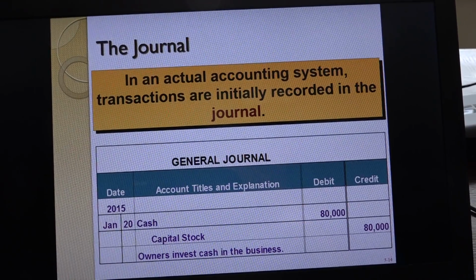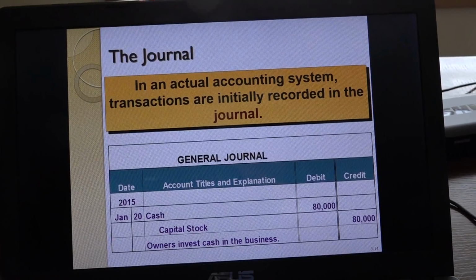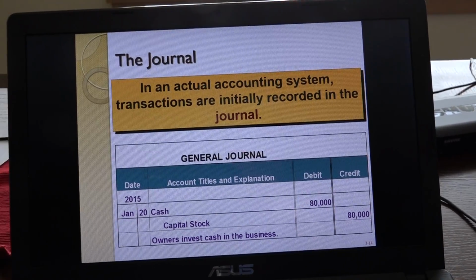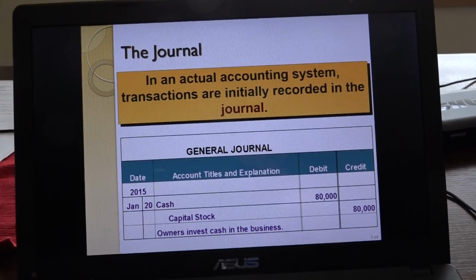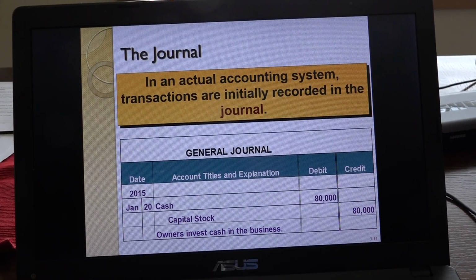Of course, you realize most everything these days is computerized, and so you can buy financial accounting software that basically, once you do the journal entry, posts these journal entries to the ledger accounts. And so it's all done simultaneously.